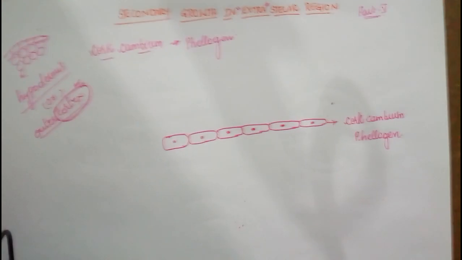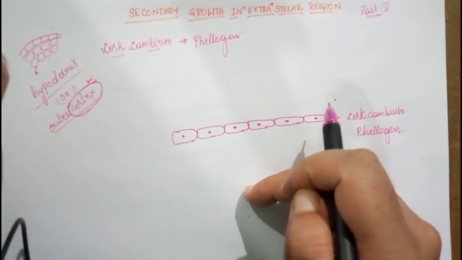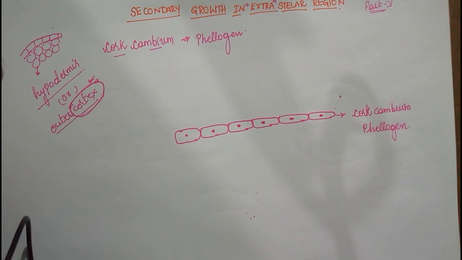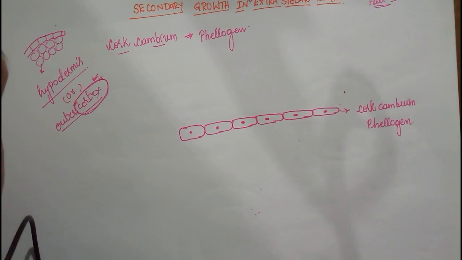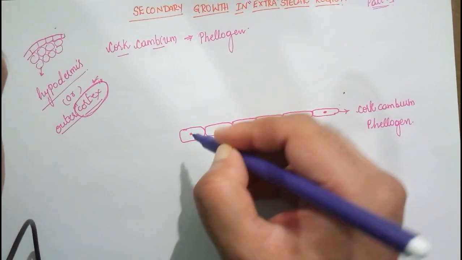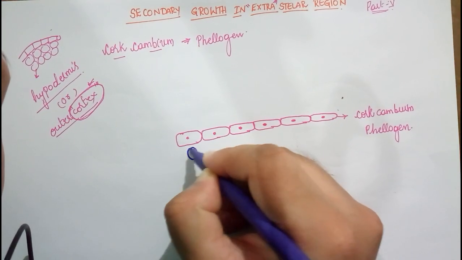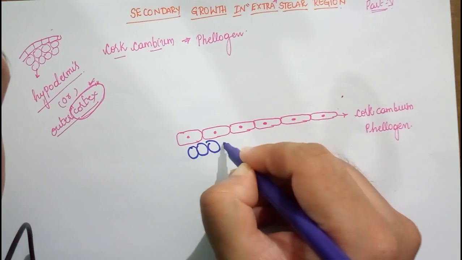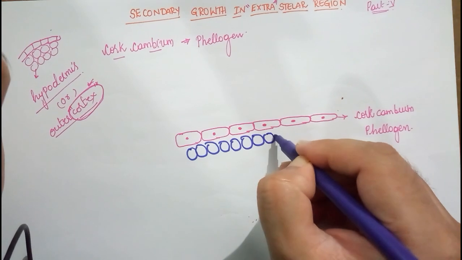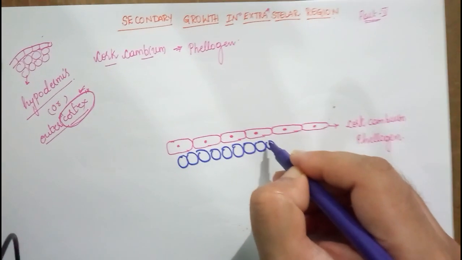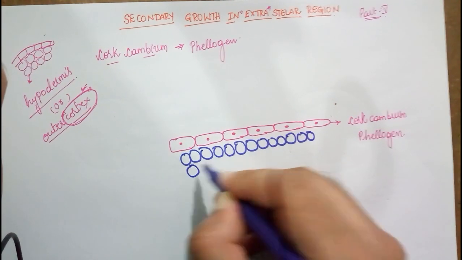So towards the inner side, towards the endodermis, this cork cambium is going to cut off some layers of cells.